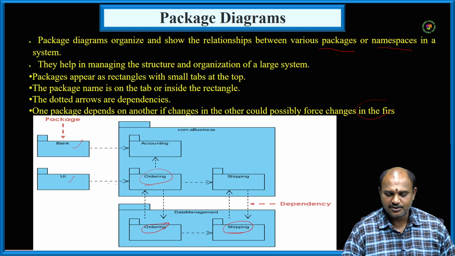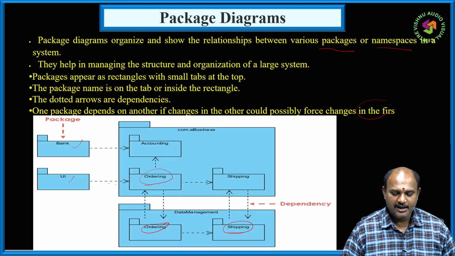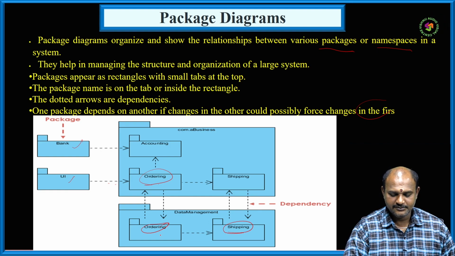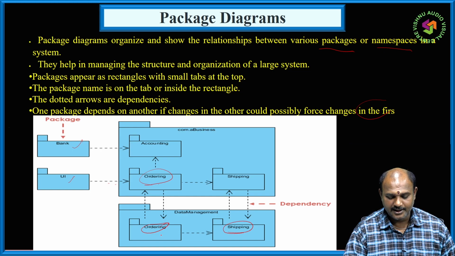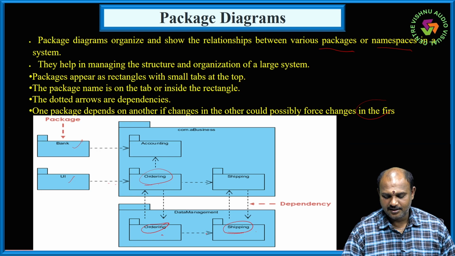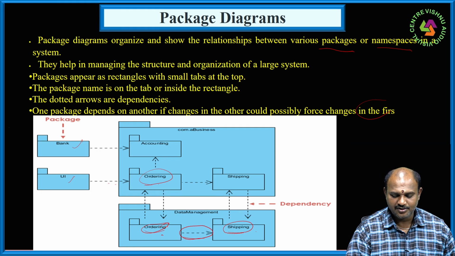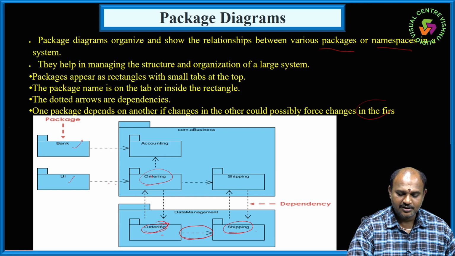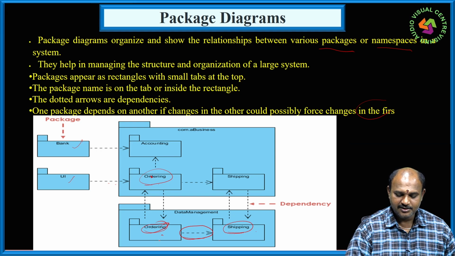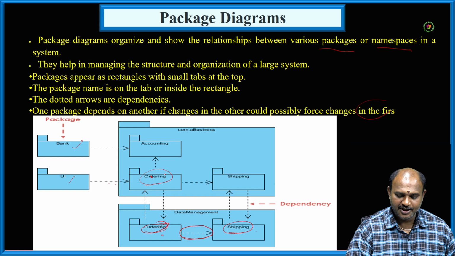We are accessing from above to here. So ordering and managing have some dependencies. The shipping is depending on this order. Similarly, order is depending on this business order, and this order management is depending on this order.